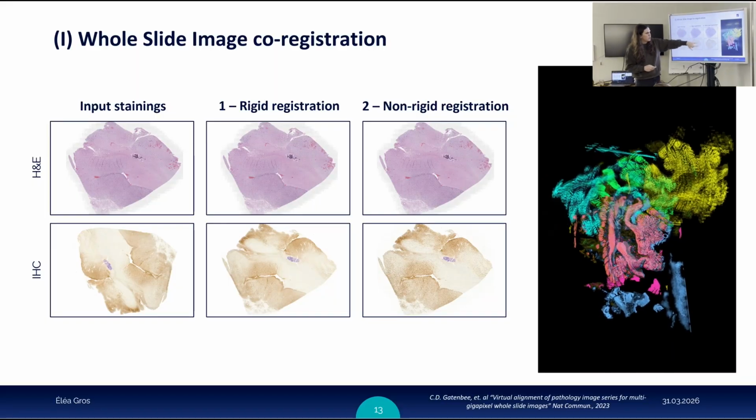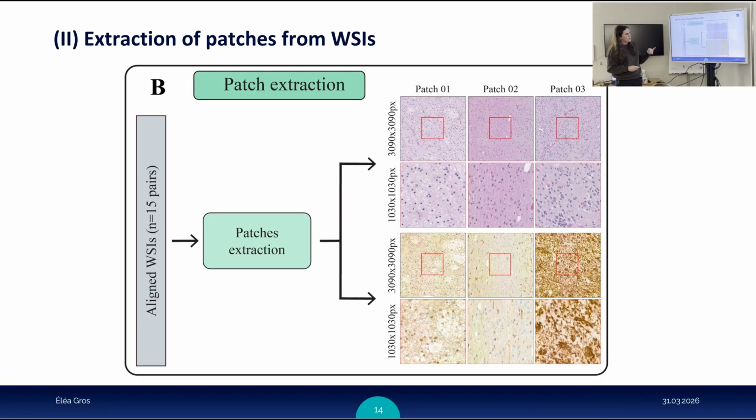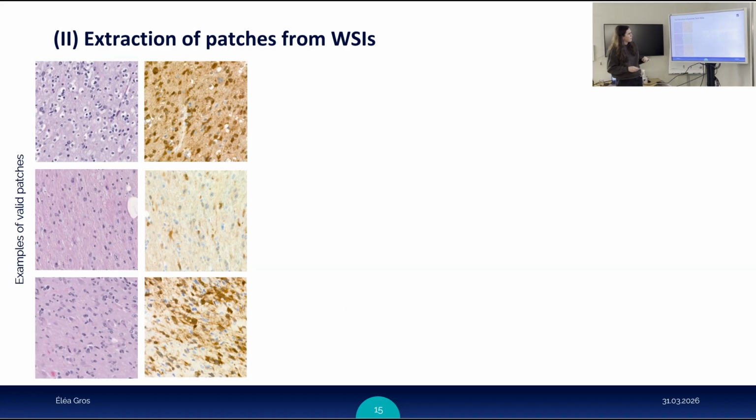Starting from these two outputs, we extract patches in both the H&E and the immunohistochemistry. These patches are located in the exact same region, meaning that the tissue that we see here is the same as the tissue that we see here, and this allows us to generate the ground truth.